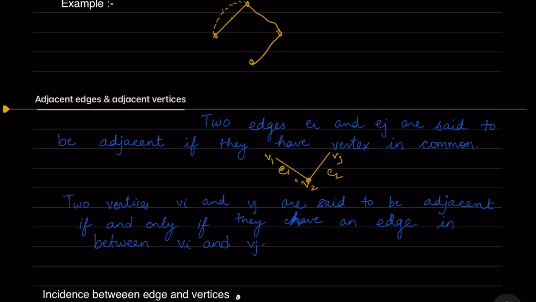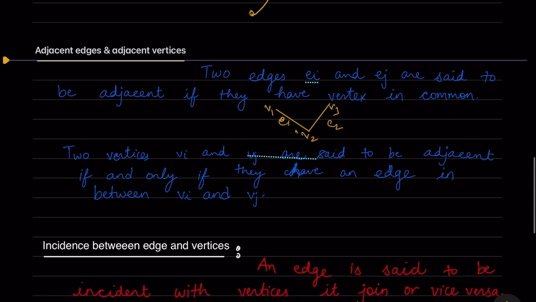So this is the common vertex. Two vertices Vi and Vj are said to be adjacent if and only if there is an edge between Vi and Vj. These are two vertices V1 and V2. When we say these two vertices are adjacent, it means there exists an edge between them. And two edges are adjacent when they share one common vertex.